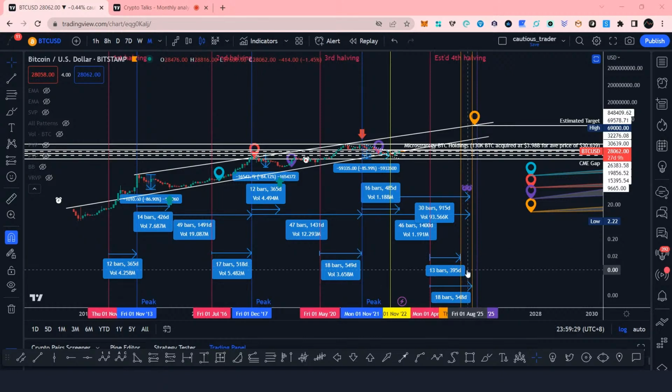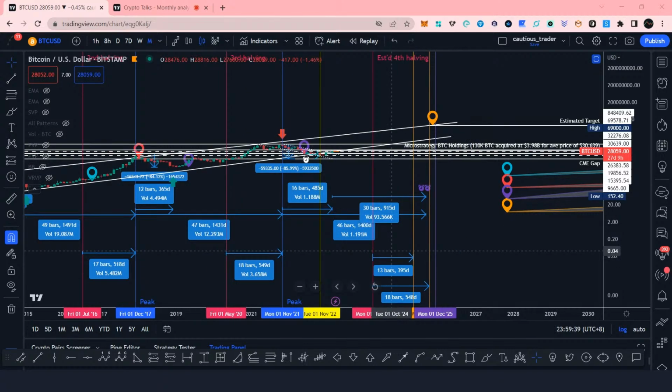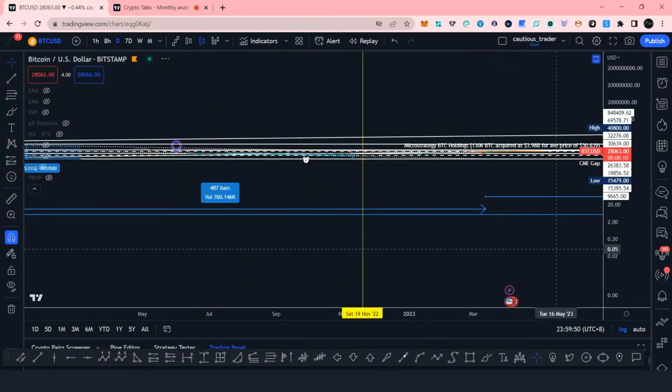So if we use the 365 days, or estimated 1 year, I'm expecting around this as the end of the possible bull market. Monthly might not be exact, so we'll just use the daily on that.